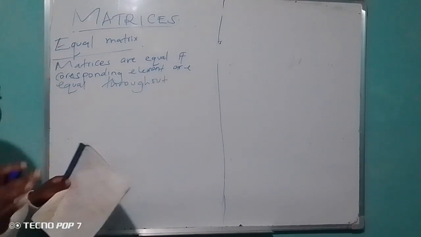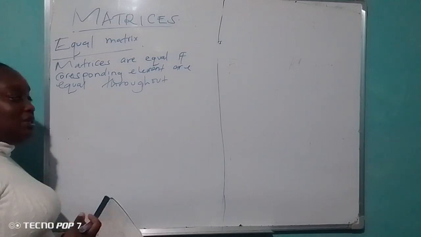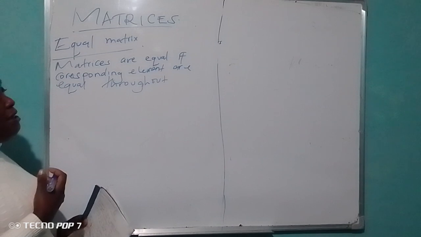So if corresponding elements are equal throughout, that is when we state that the matrices are equal.